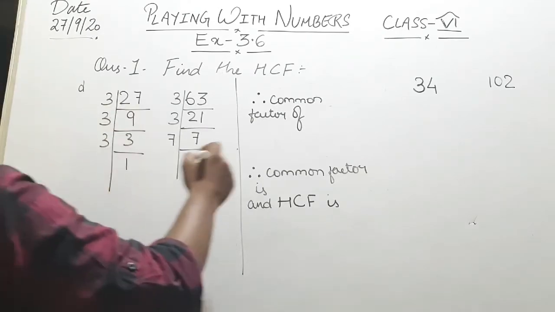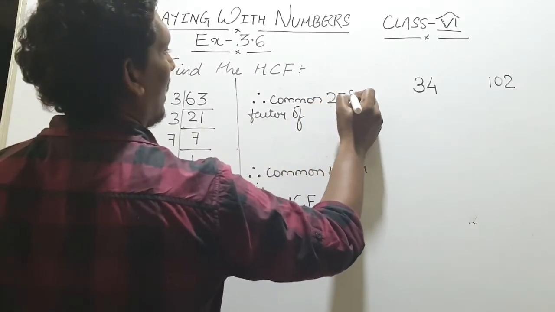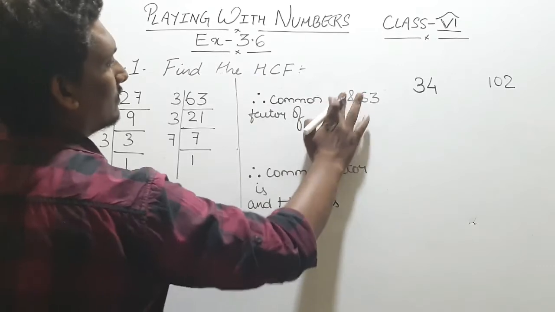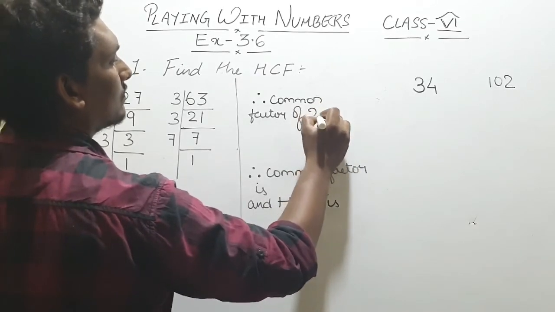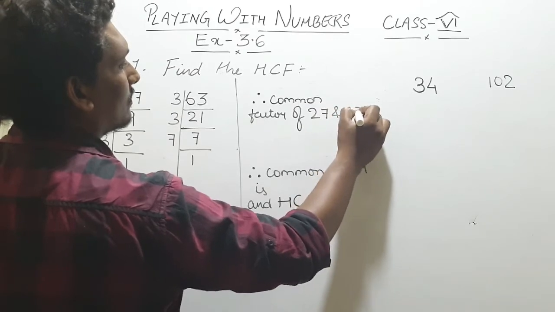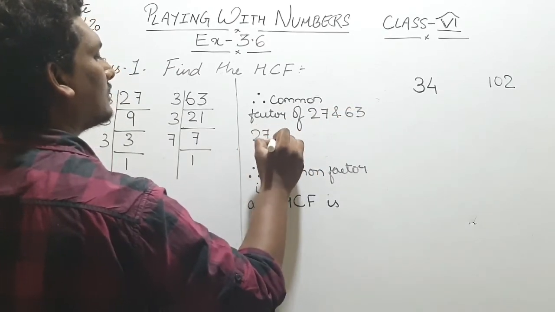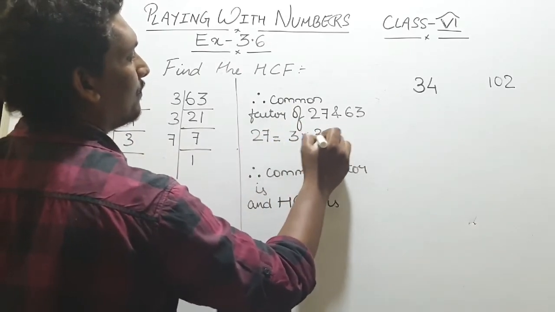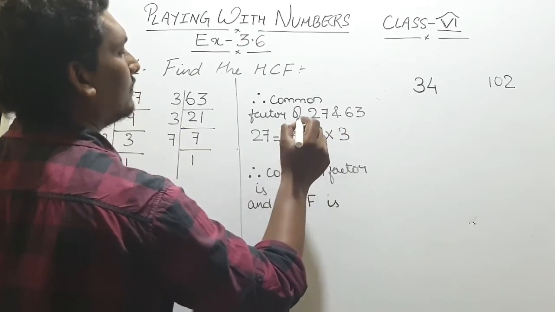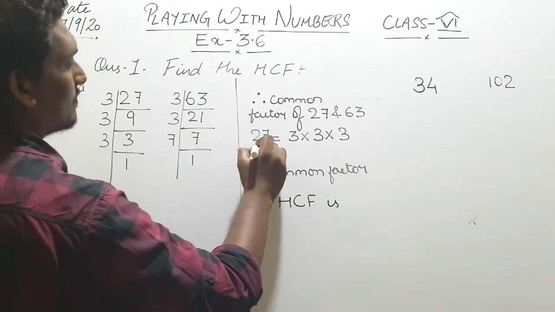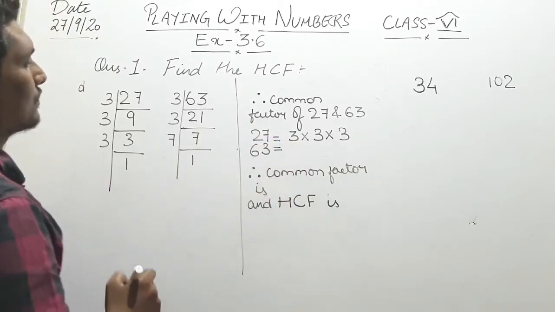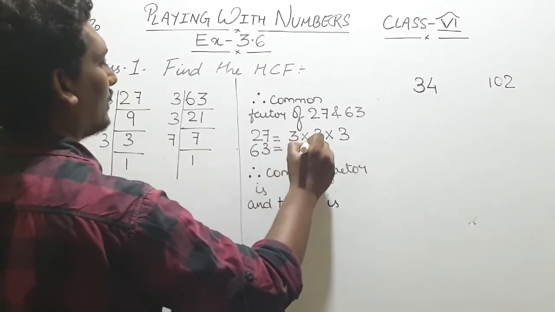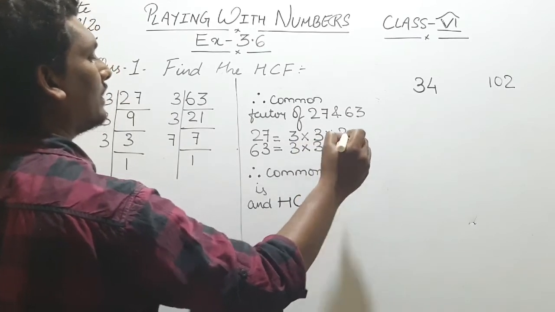Therefore, the common factors of 27 and 63. 27 is 3 into 3 into 3, and for 63, 3 into 3 into 7.